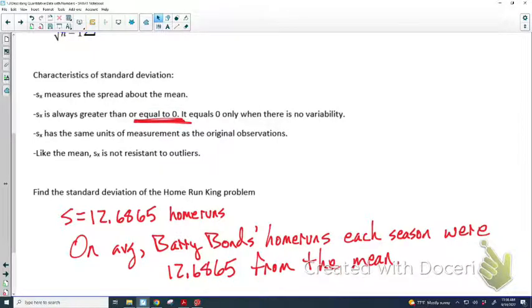If every value is identical, then it'll be 0. It has the same units as whatever it is you're measuring, which is why I said home runs right here. And like the mean, it can be affected by outliers. So those are important things to remember.